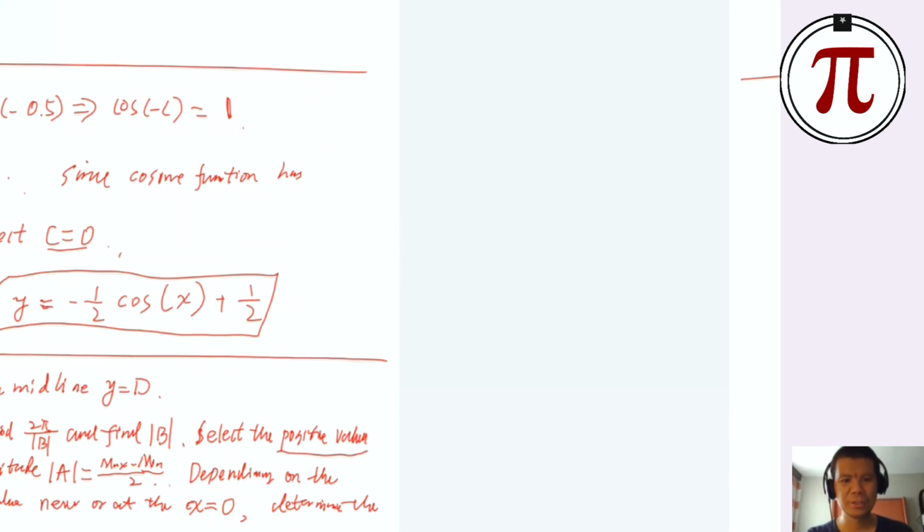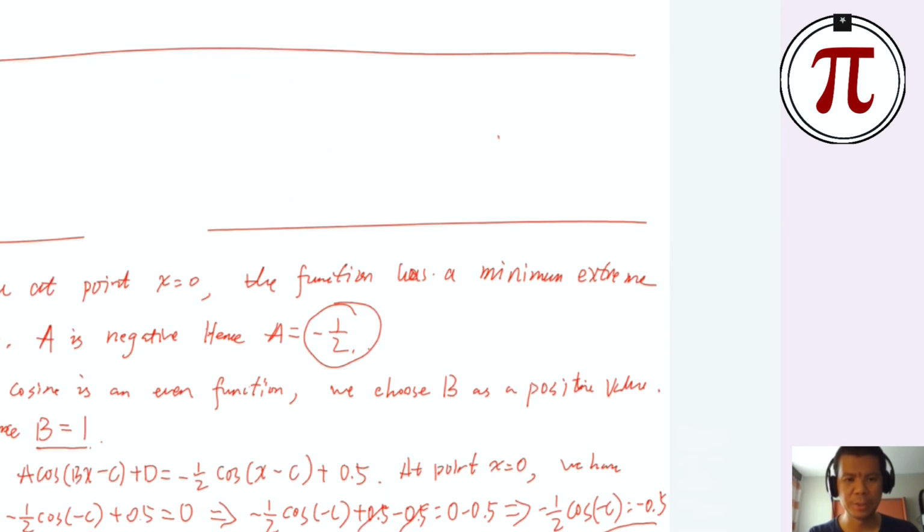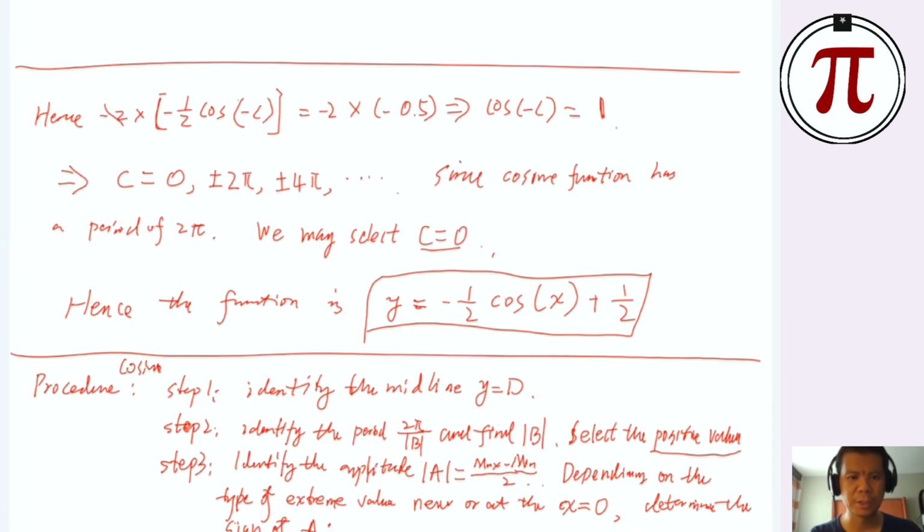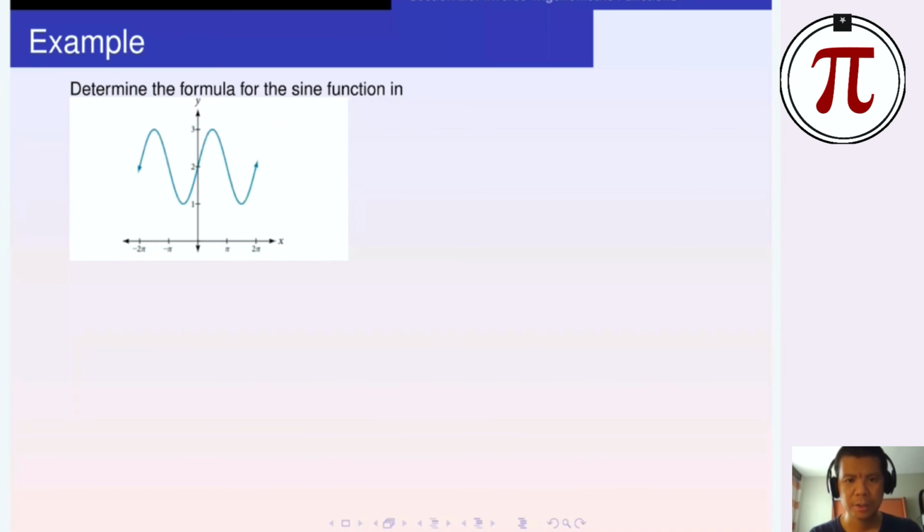Now let's just go through this one again. We did this one with A, B, C, and D. All right. Let's solve another example. Instead of sine, let's still say cosine.